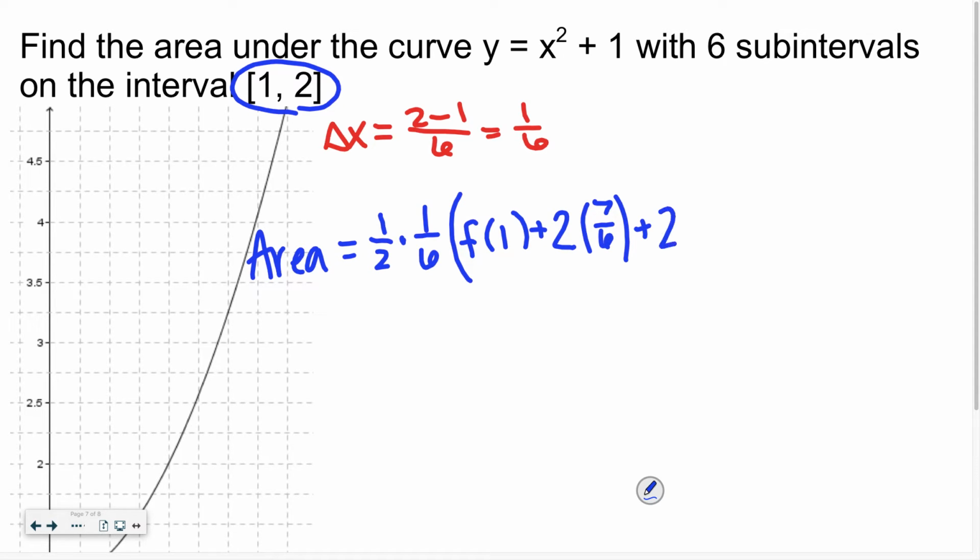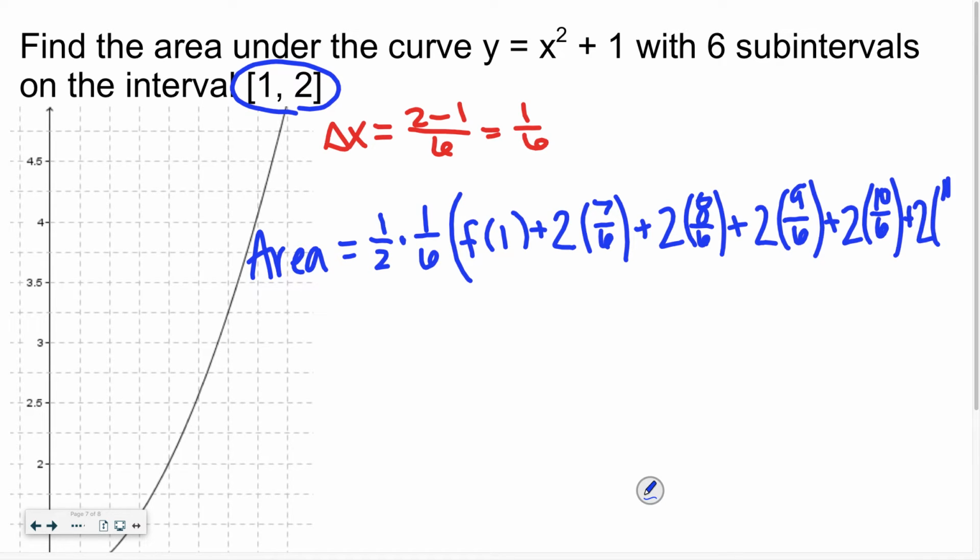And then we have 2 bases 1/6 later, and 2 bases 1/6 later. I know these aren't reduced, I don't really care. And 2 bases 1/6 later. And since now I'm getting to the end of our interval, I only have one of our very last base at f of 2.